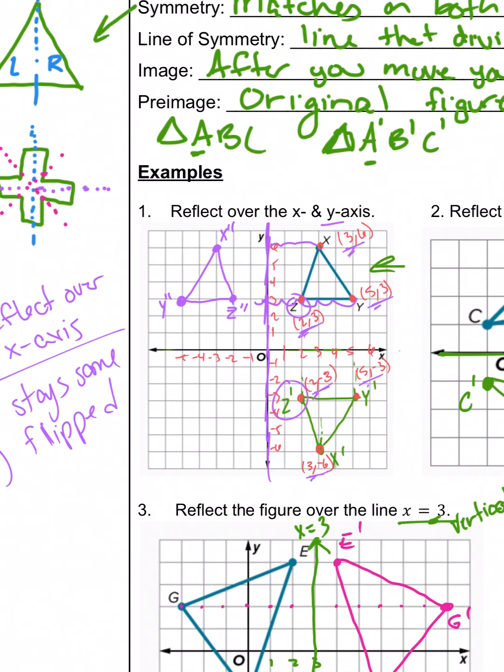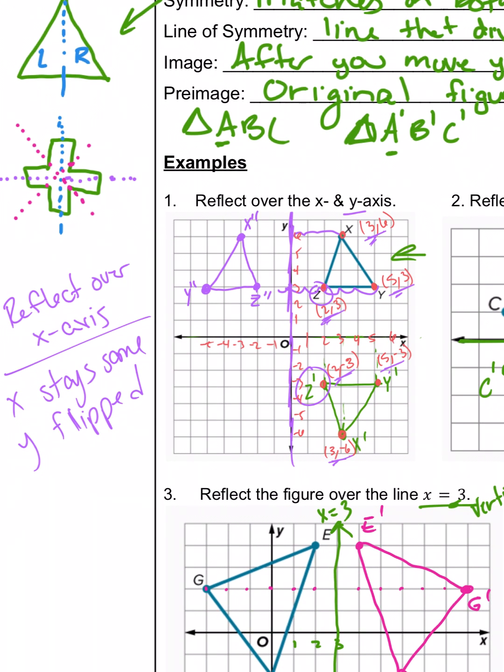And if we look quickly, we can take a guess at what's going to happen when we go across the y-axis. We're staying the same height. Let's just look at z, for example, so we can see what's happening here. Z is now at the ordered pair -2, 3. Z was at +2, 3. Now it's at -2, 3.